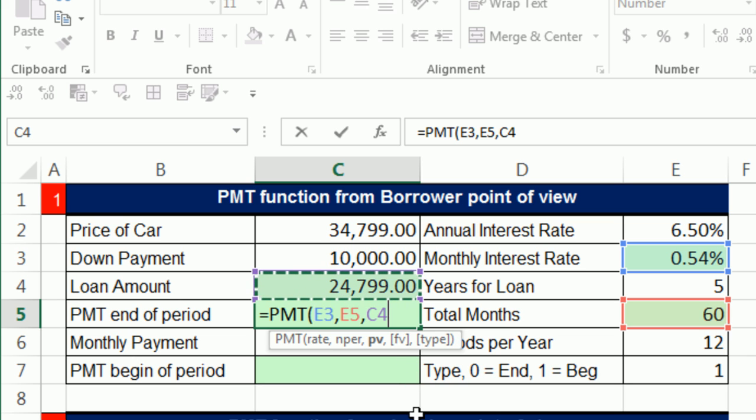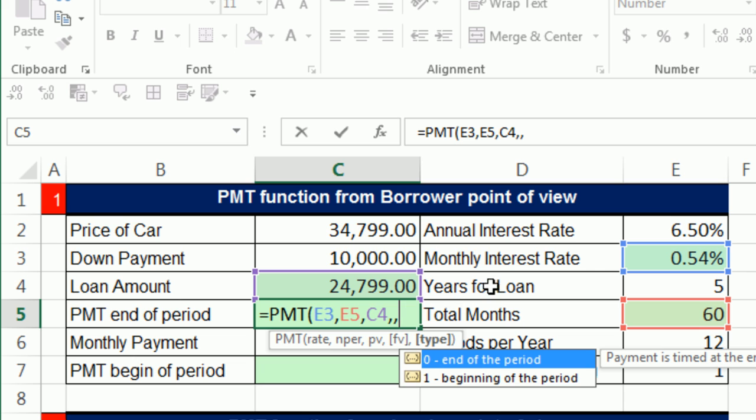All right, now the remaining arguments. Future value is for if you had a balloon payment at the end. And type means the type of loan it is. Most consumer loans, you pay your amount at the end of the period. Also for a lot of finance things like savings plans, you always save at the end of the period.